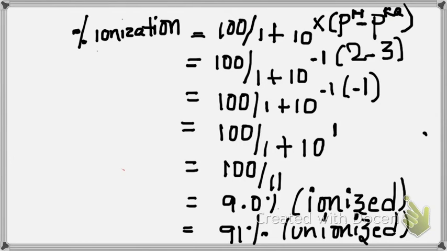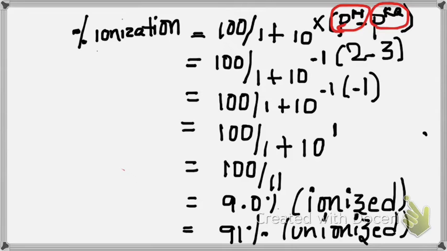The equation is: percentage ionization equals 100 by 1 plus 10 to the power of x into pH minus pKa. In this equation we know the pH of the medium is 2 and the pKa of the drug is 3.